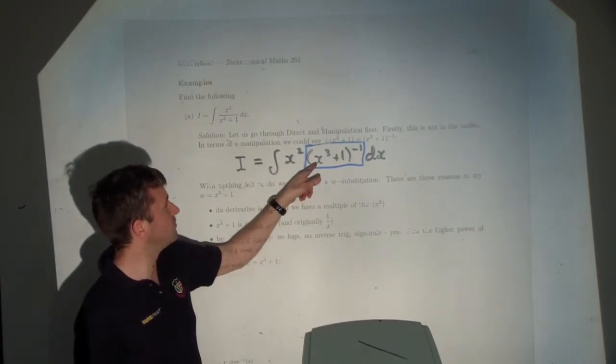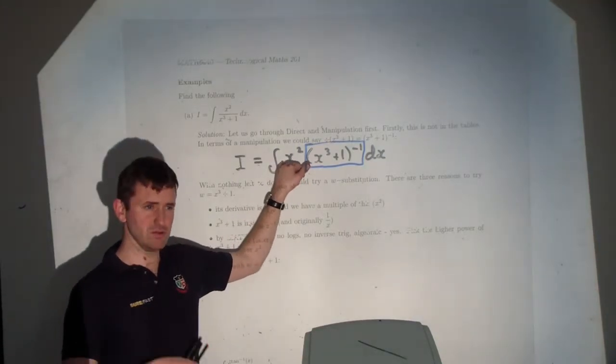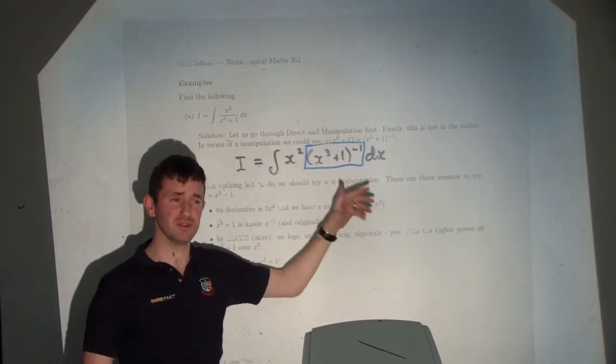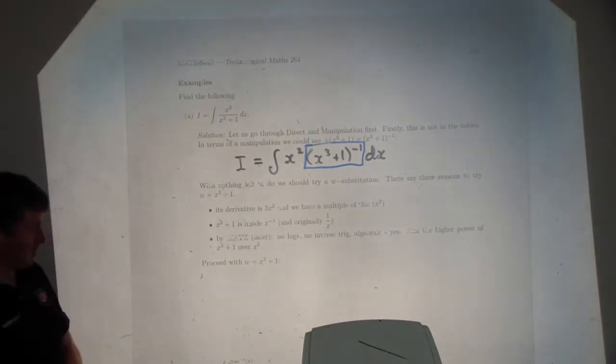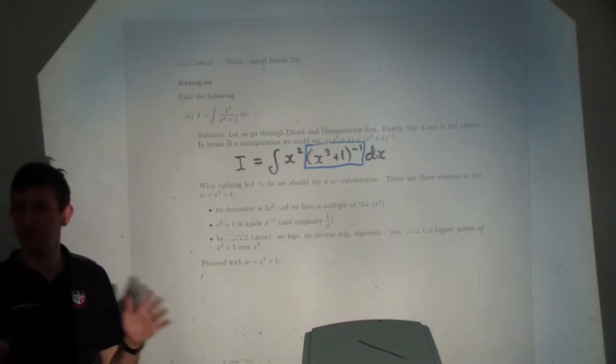You've got x and a multiple of x, there's a 1 there, and you do w is equal to x, but all it's going to do is change all the x's to w's. You'll never do w is equal to x. Okay. Another go. So you're looking for a function and a multiple of its derivative in there somewhere. If you can't see it, that's okay.